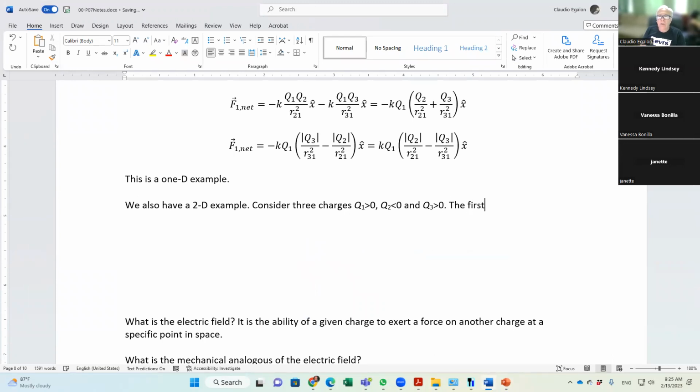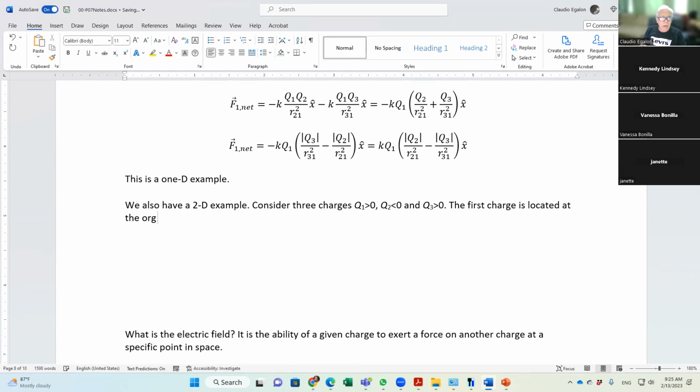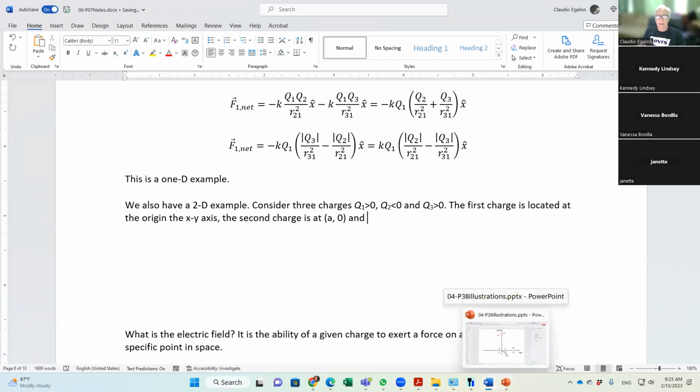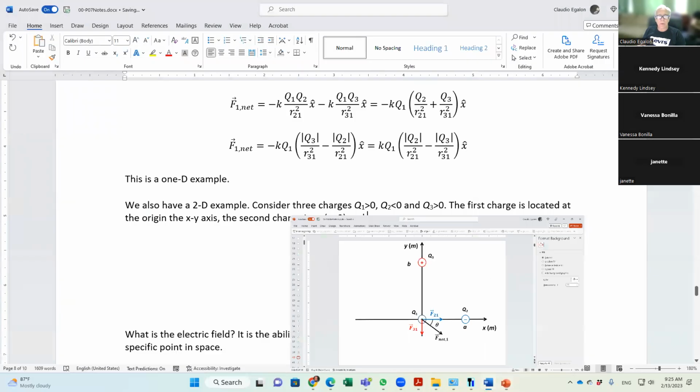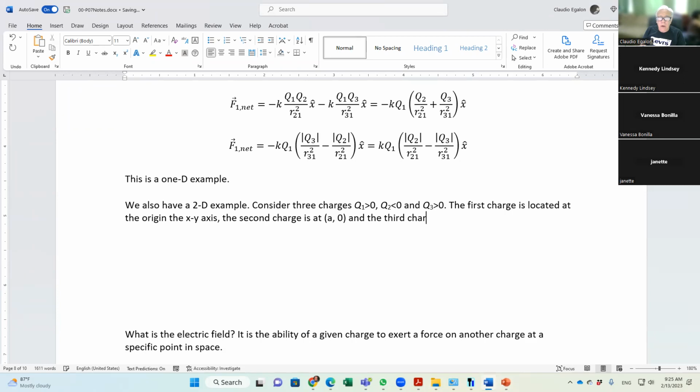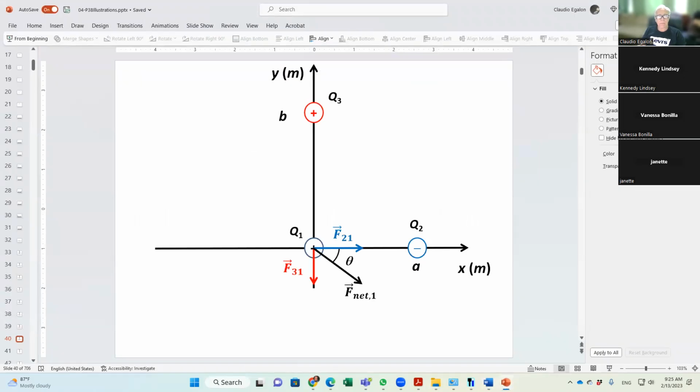The first charge is located at the origin of the XY axis. The second charge is at (A, 0), x equal to A, y equal to 0. And the third charge is at (0, B).